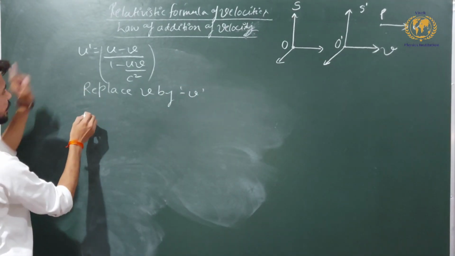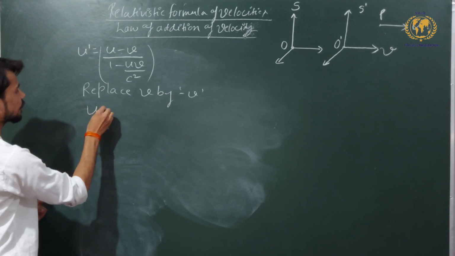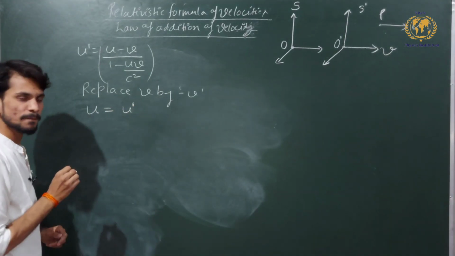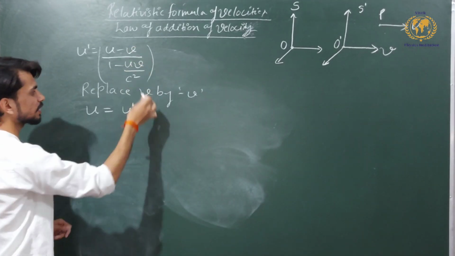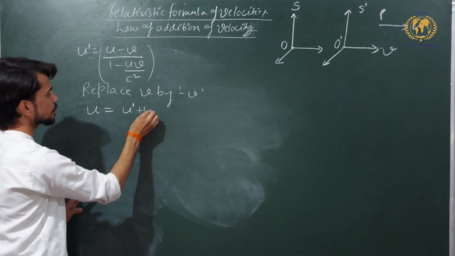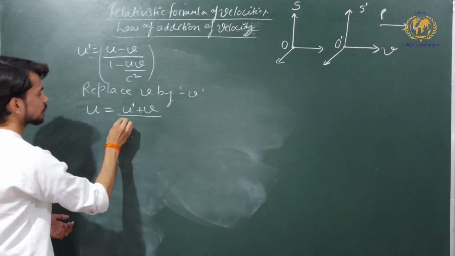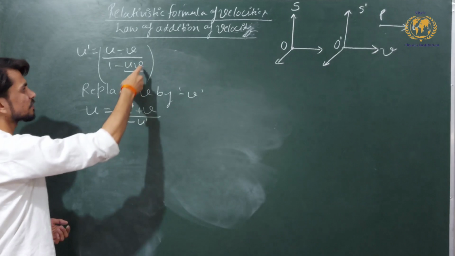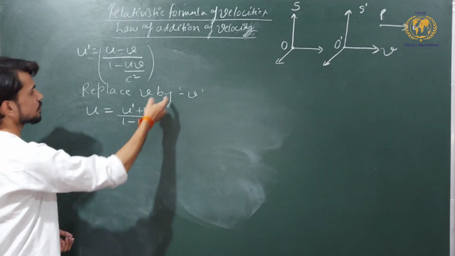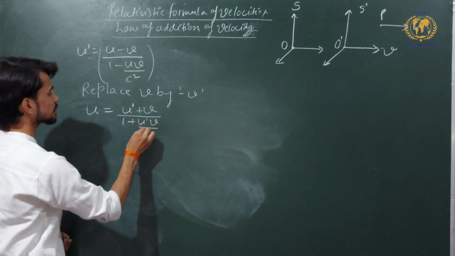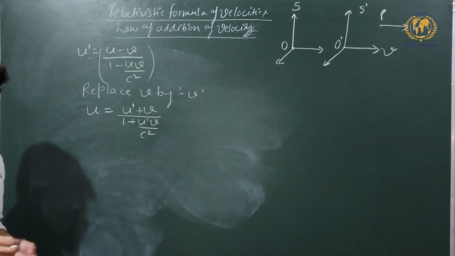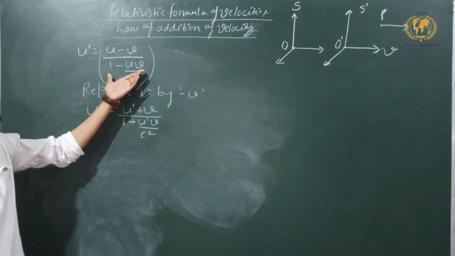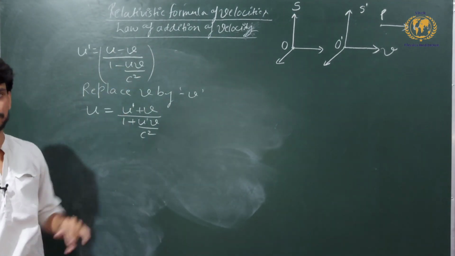So u will be equal to u dash, and this minus v will take the place of v, divided by 1 minus, this u will be u dash, and this v again will be minus v. So minus and minus will be plus. This is the formula which is also known as the inverse transformation of the law of addition of velocity.